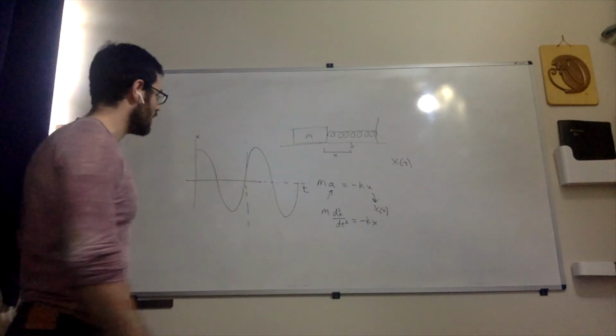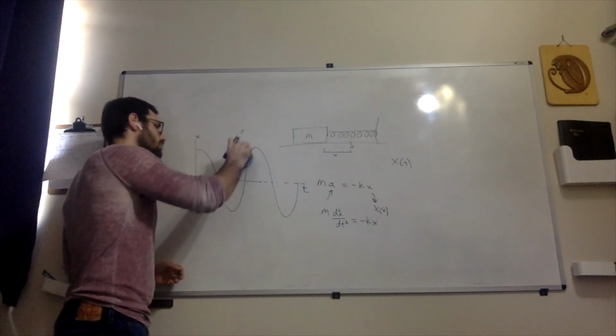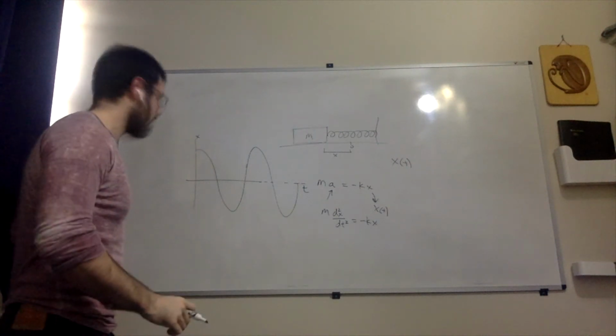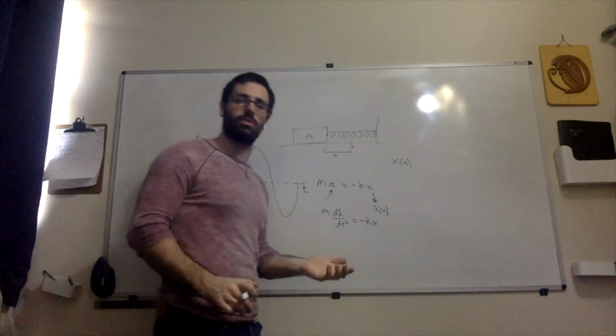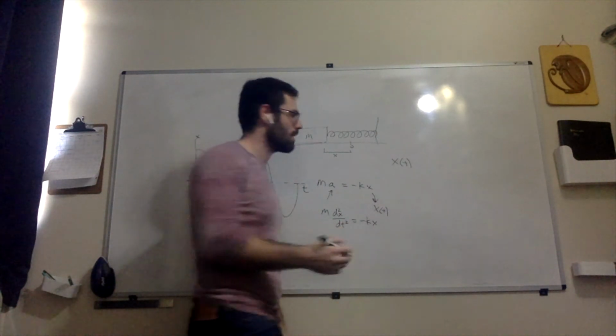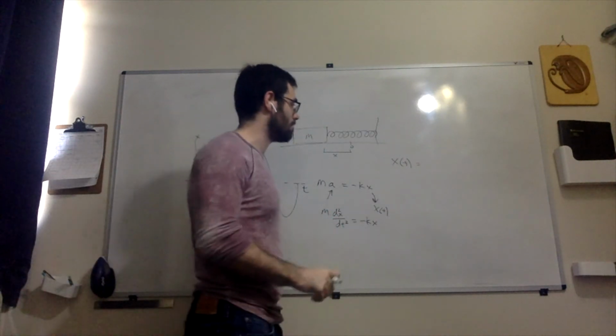Really all I have to do is a phase shift in one direction or another, left or right, to get back to my sine wave. So I'm going to just start with cosine because it's reasonably simple. It's just as simple as sine.